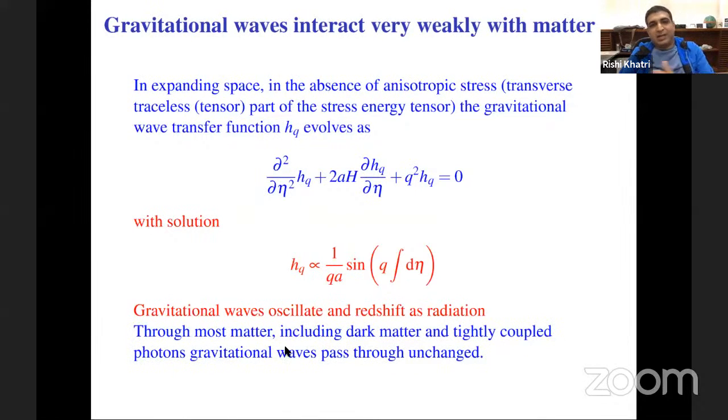And most of the matter is transparent to the gravitational waves. So dark matter and photons, which are tightly coupled before recombination, and post recombination there is very little energy density in photons. So most of the stuff of the universe does not really influence gravitational waves.